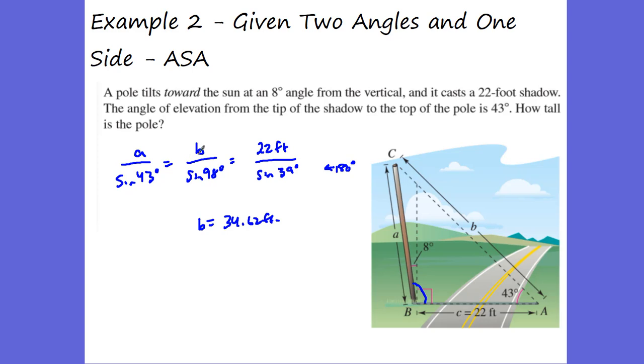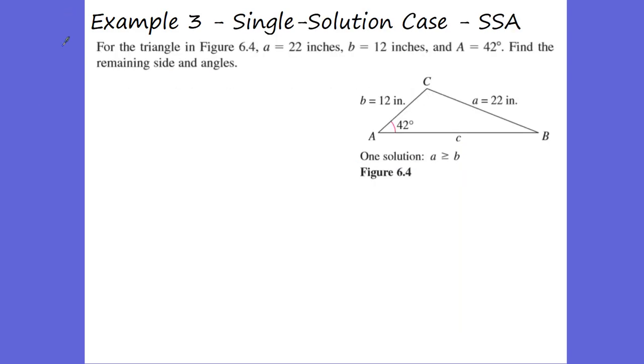I can either use the proportion between b and a, or go back to c and do 22 sine of 43 divided by sine of 39, and side a ends up being 23.84 feet. Make sure your calculator is in degrees, and you can do this proportion any way you want, as long as you do the proportion evenly.